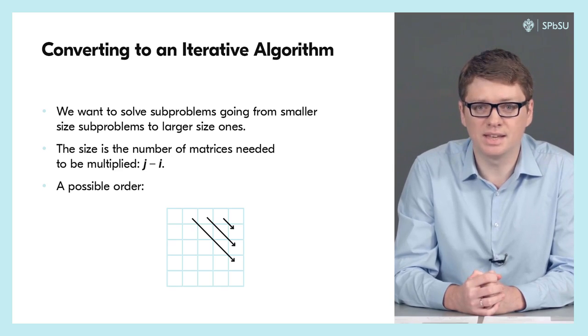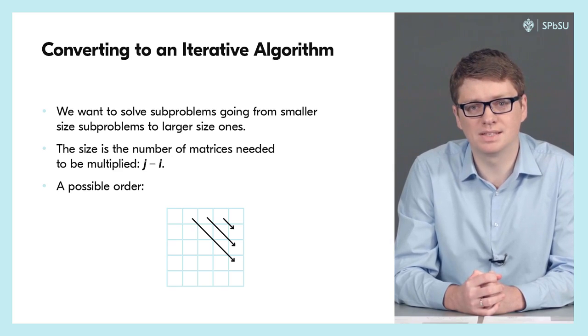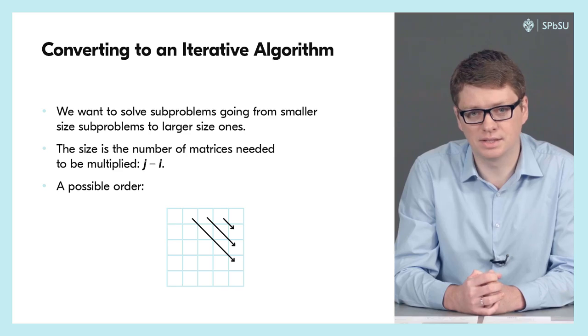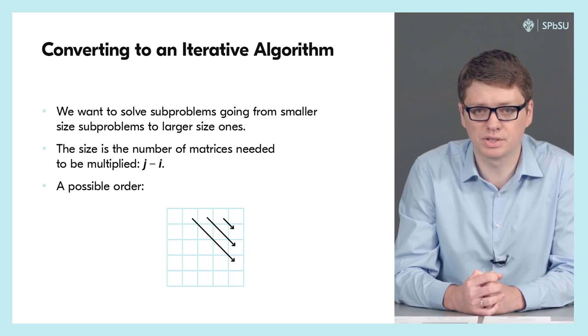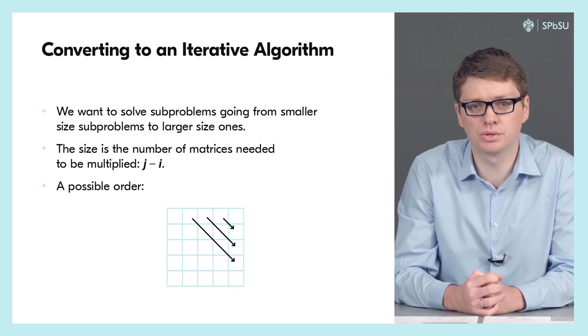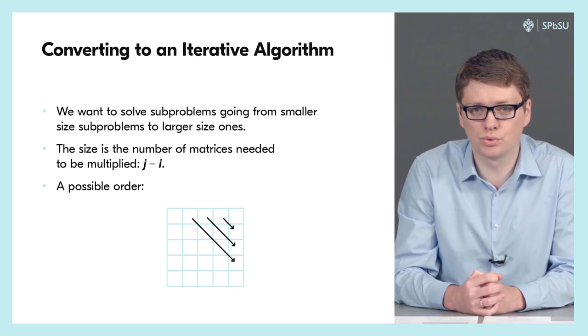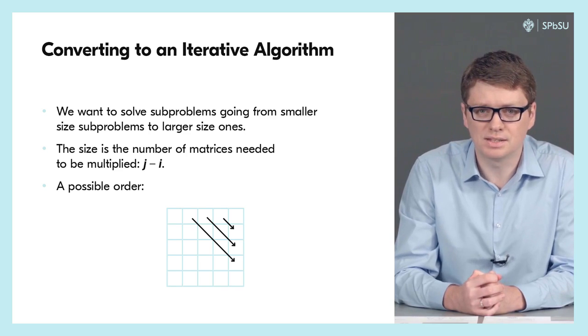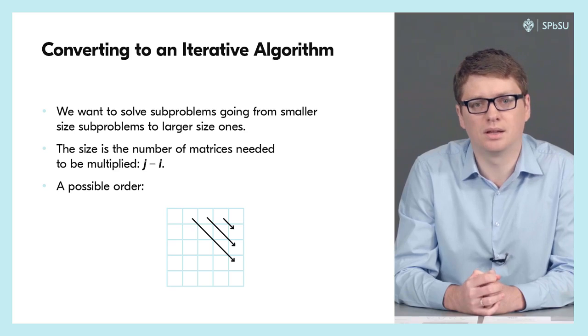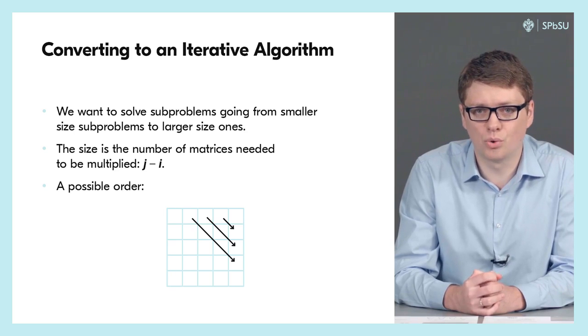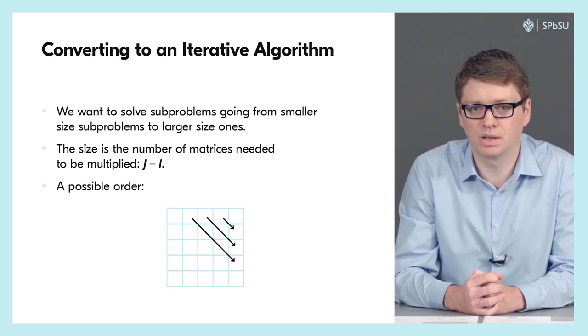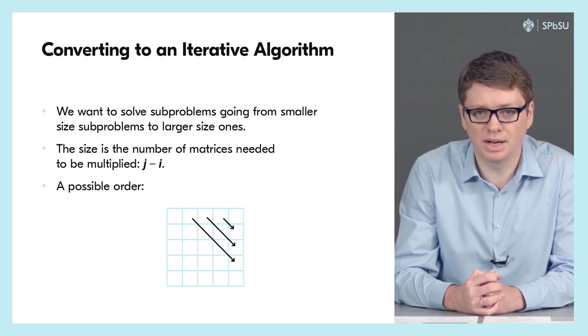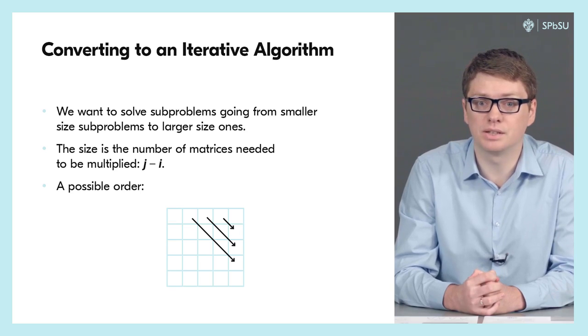Since each subproblem is specified by two parameters i and j, it is natural to use a two-dimensional table to store all the results. At the same time, we cannot fill in this table, for example, row by row or column by column, because it will not give us a possibility to go from smaller size subproblems to larger size subproblems.